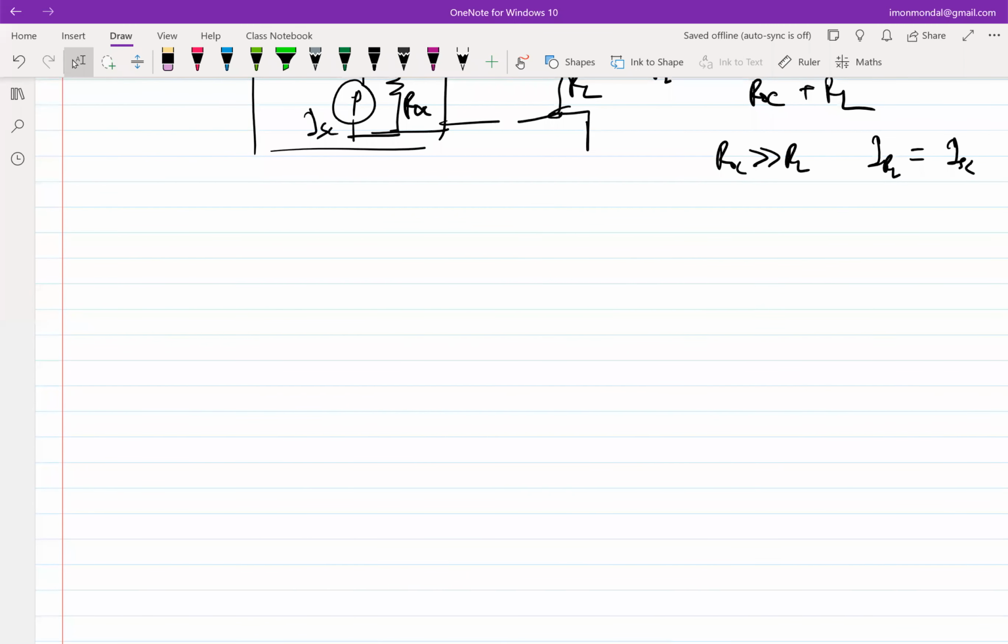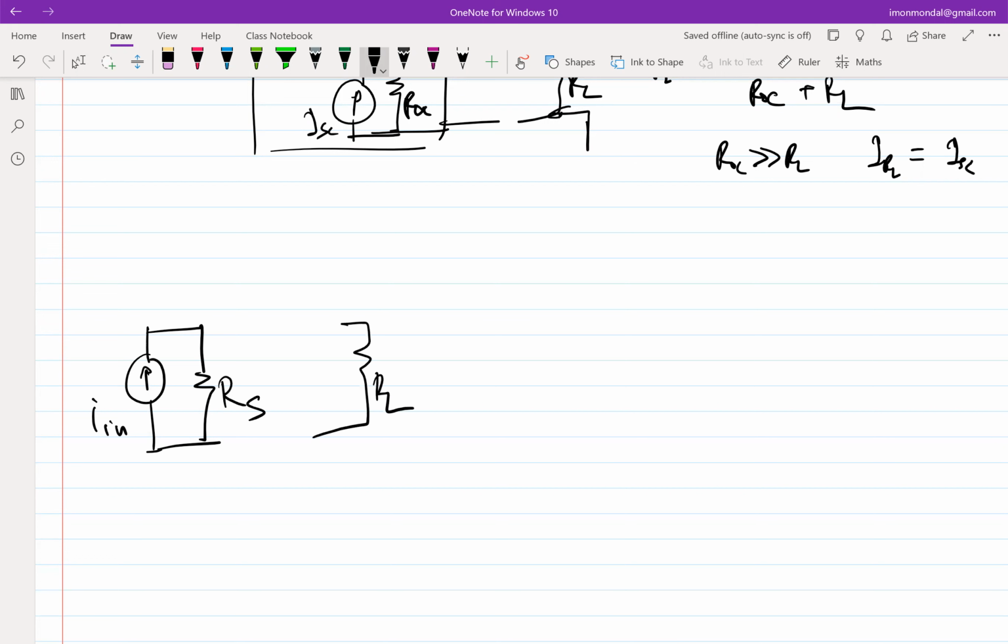When you are trying to build a CCCS, what are we trying to do? We are essentially saying that I have an incremental current source, let's say I in, which is a non-ideal source, which means that I have a resistance RS associated with it. The goal is to drive an RL and ensure that all of I in goes into RL.